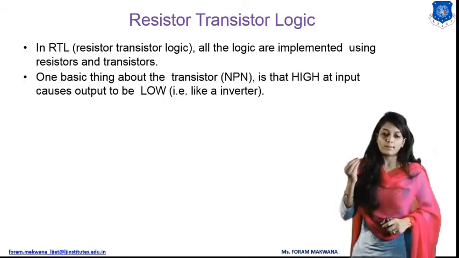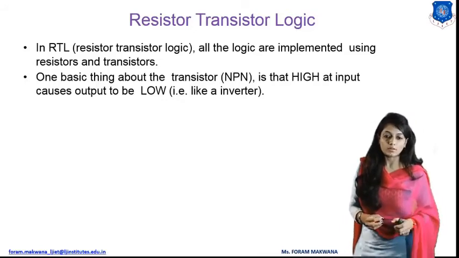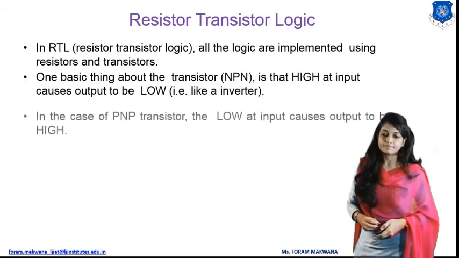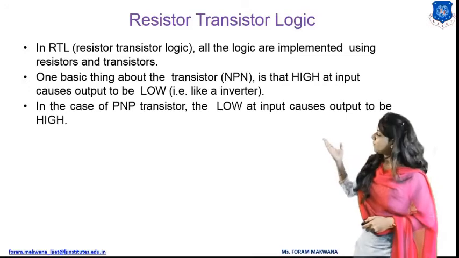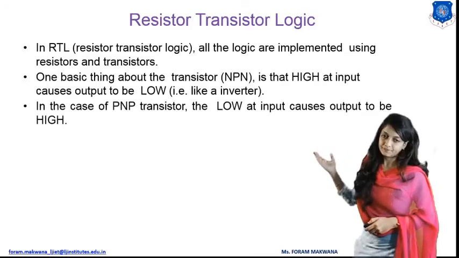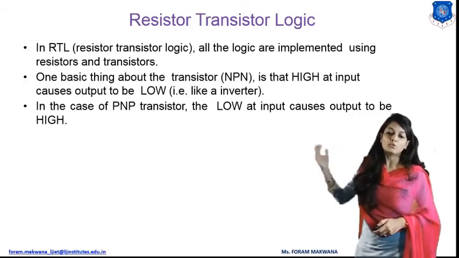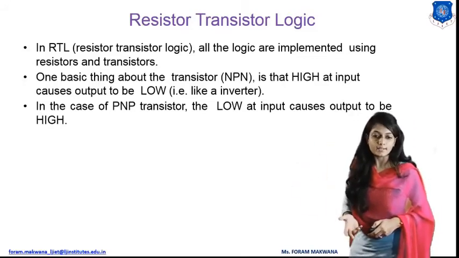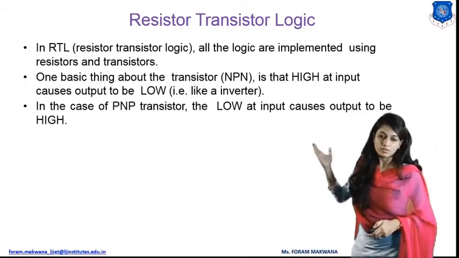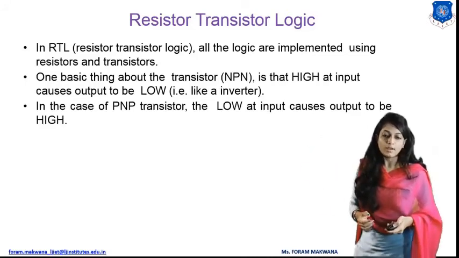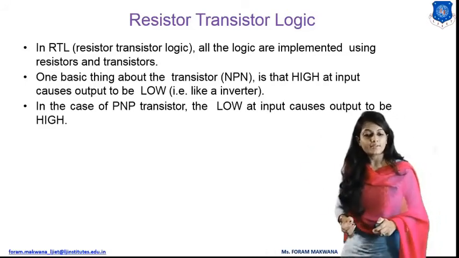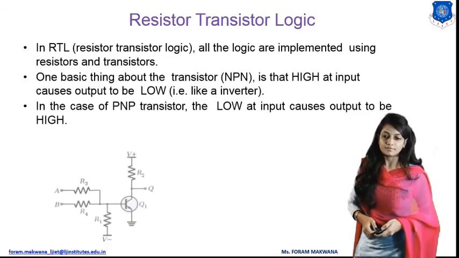That means whatever I apply, it will act as an inverter. Alright. But in case of PNP, a low at the input causes the output to be high. So it will also act as an inverter. Alright. It's up to you whether I use the NPN transistor or the PNP transistor.